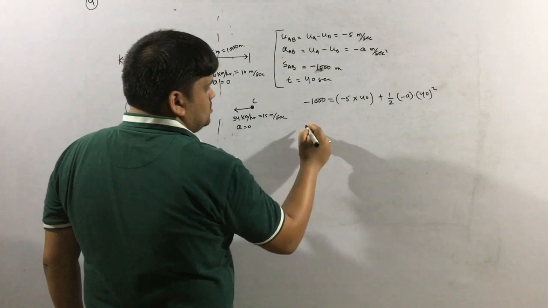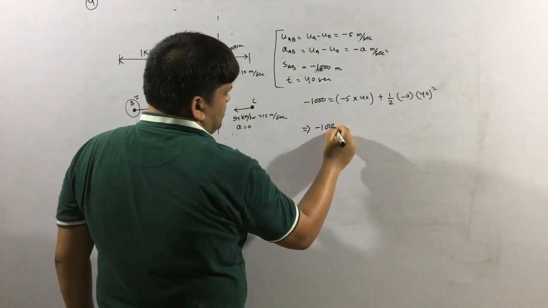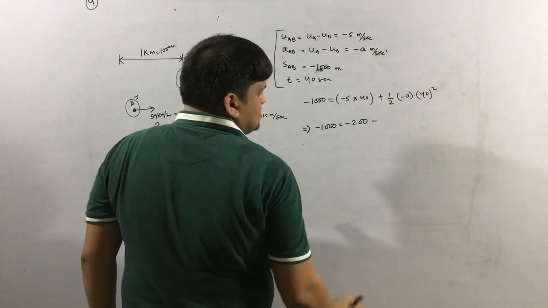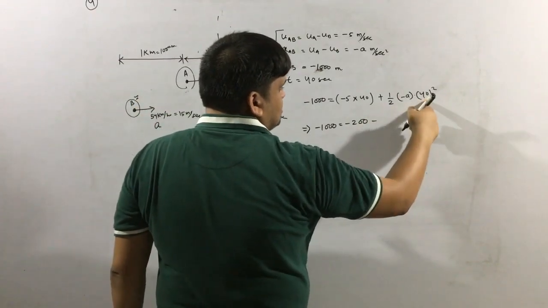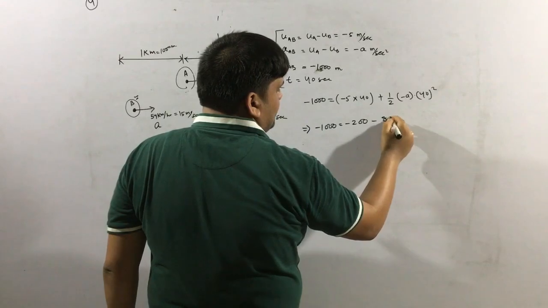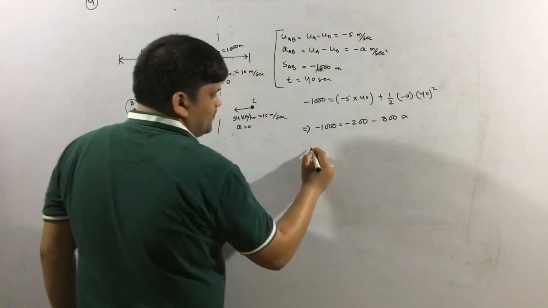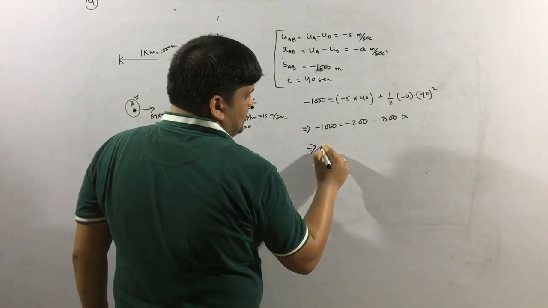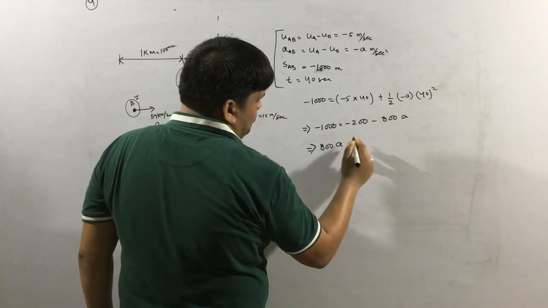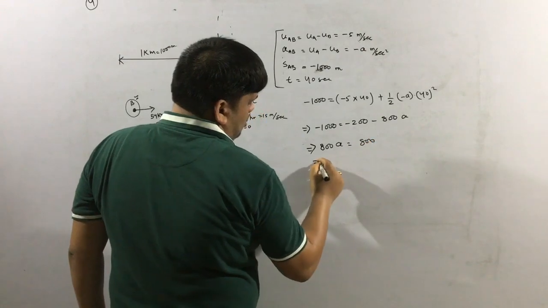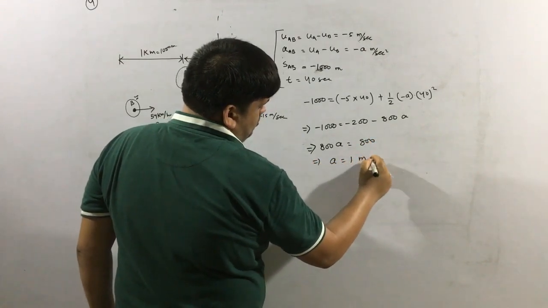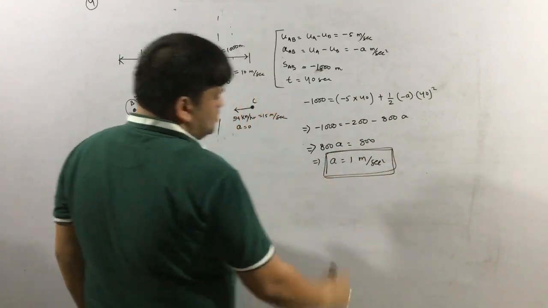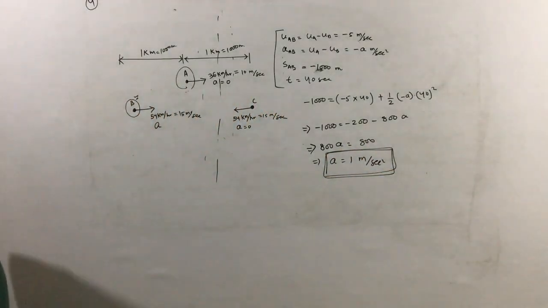So it will be minus 1000 equal to minus 200 minus 1600 by 2, 800A, or that implies 800A equal to 800, or A equal to 1 meter per second square. This is the answer. A equal to 1 meter per second square.